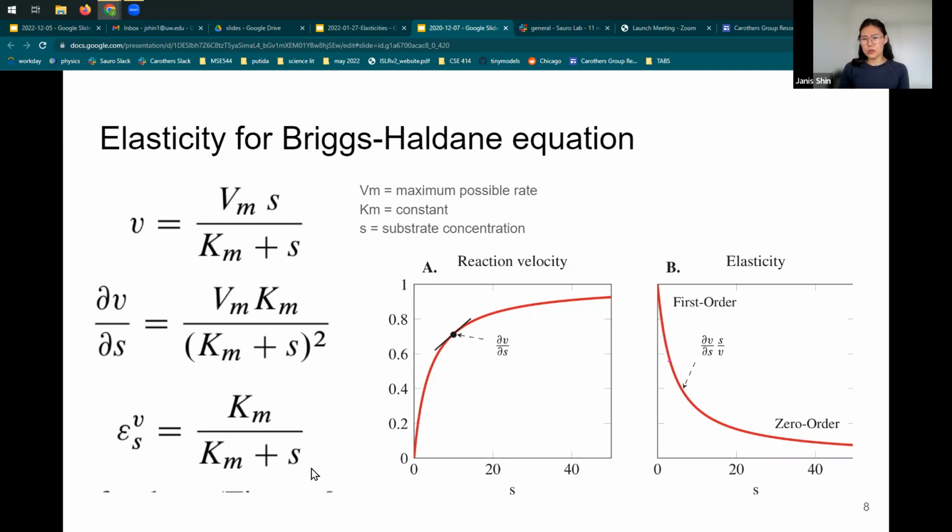And if S were to approach 0, the elasticity expression would be Km over Km, so that would cancel out to 1. So the elasticity nears 1 at low substrate concentrations and behaves like a first order kinetic. And enzyme elasticities would still be 1 in a reversible Briggs-Haldane reaction as well.